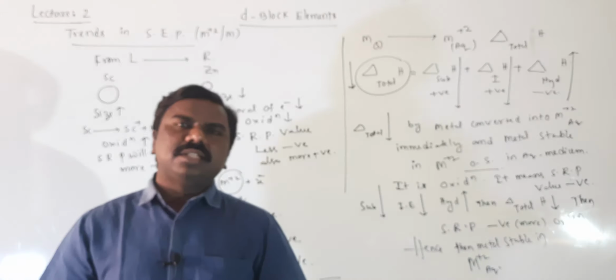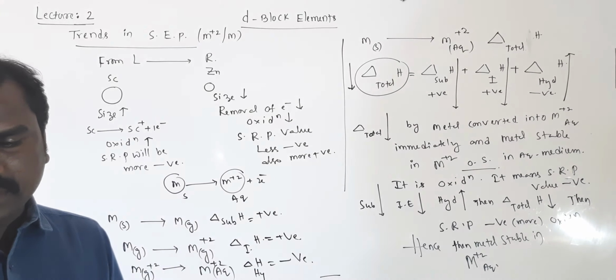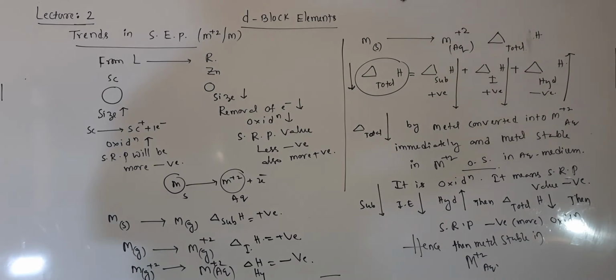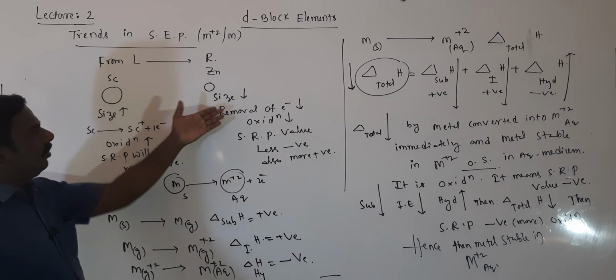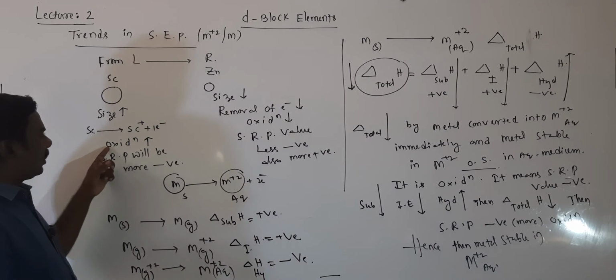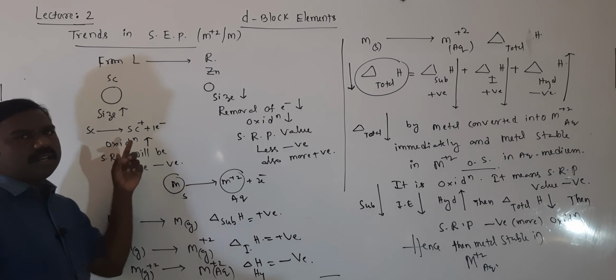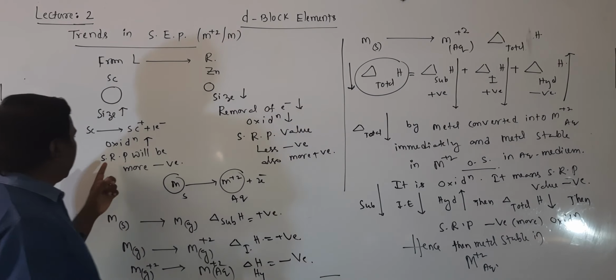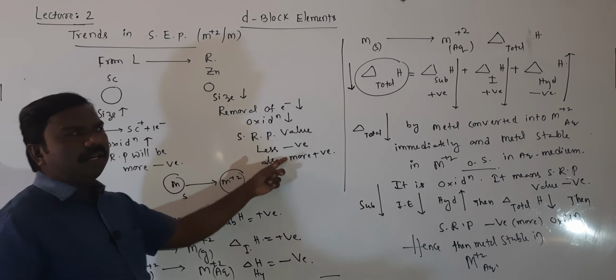Understood? Their stability depends upon electrode potentials. Now you just observe clearly from left to right, oxidation, left one is larger, right one is smaller, SRP value will be more negative, less negative.